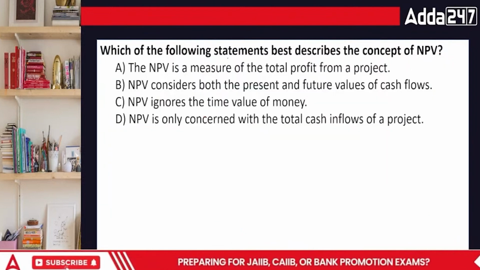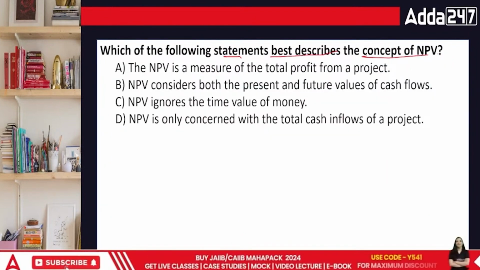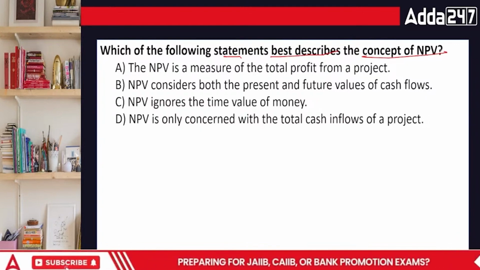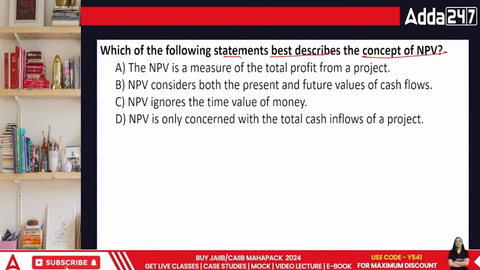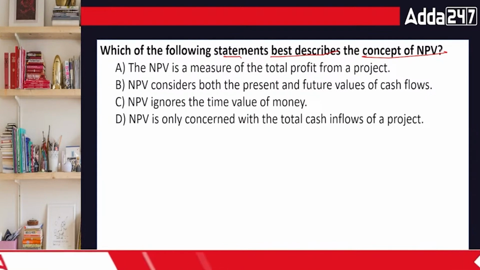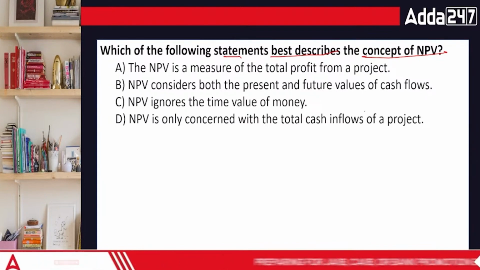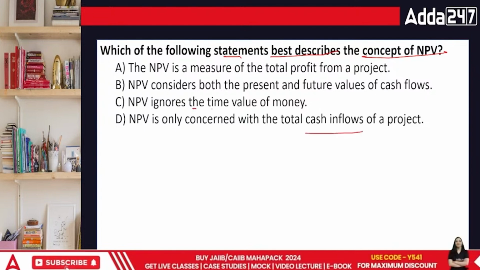Which of the following statements best describes the concept of NPV? You have seen the NPV. NPV is a measure of total profit from the project. NPV considers both the present and future values. Actually, it is considering only the present value. Future value is taken in a discounted format. NPV is totally concerned with the cash inflows, or it ignores the time value of money.